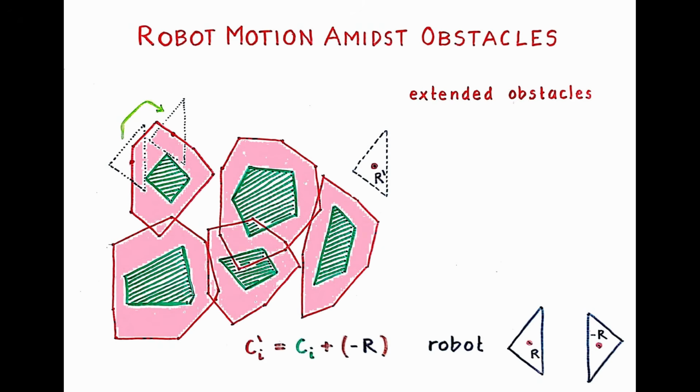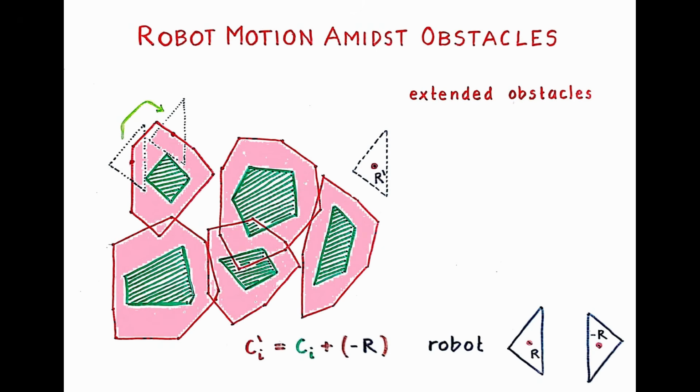Now, it's easy to tell whether you can get from one position of the robot, like the reference point is here, to this position. Well, in this case, you can get there because they are in the same connected component, right? If they are in different connected components, there is no chance.